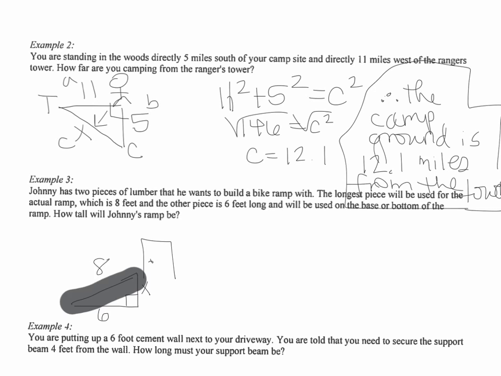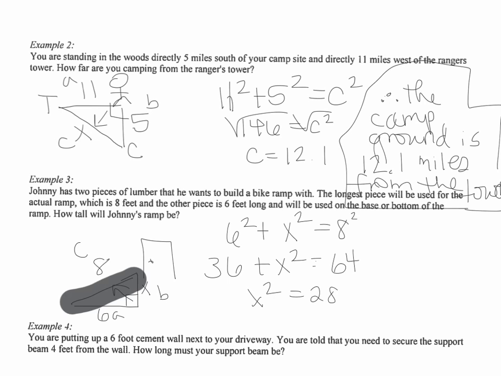So, Pythagorean theorem. C, A, B, so 6 squared plus x squared equals 8 squared. So 36 plus x squared equals 64. 64 minus 36 is 28.